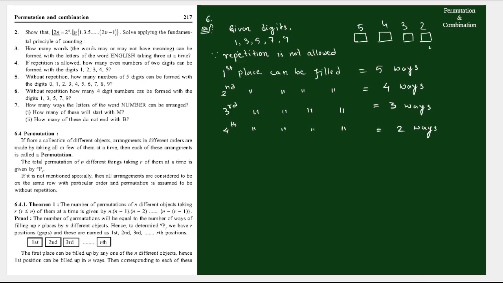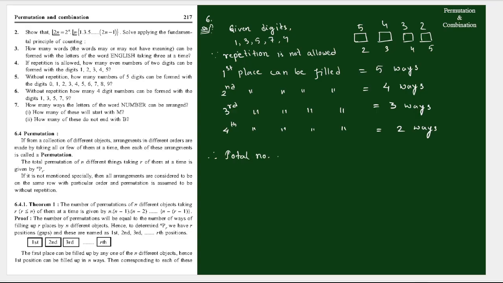If you start here, then this will be your 5, this will be your 4, this will be your 3, this will be your 2 if you start from the right. Okay, so it doesn't matter.